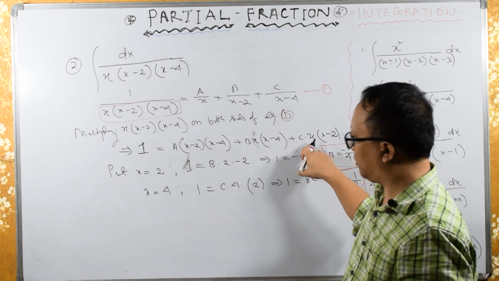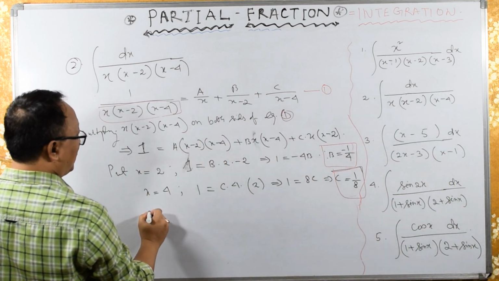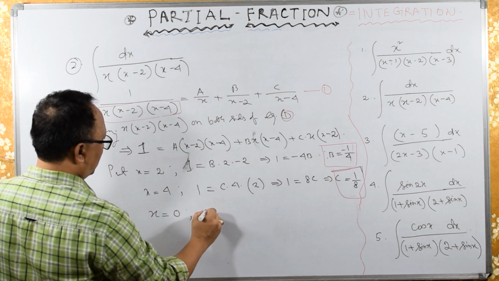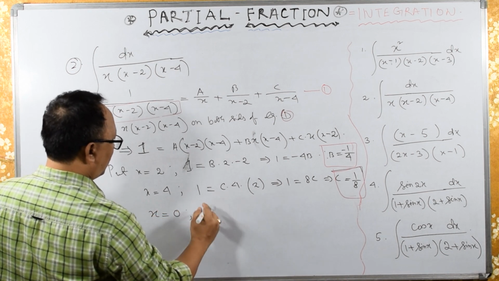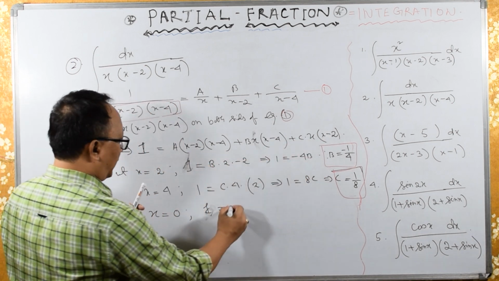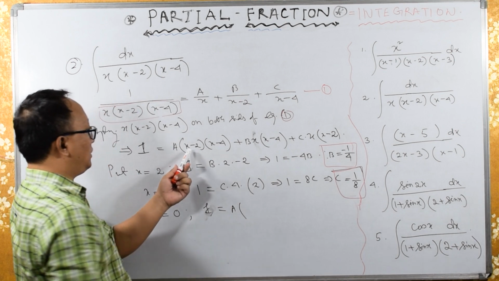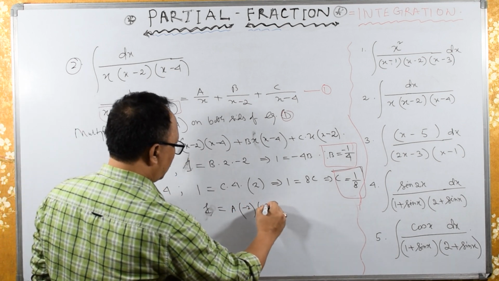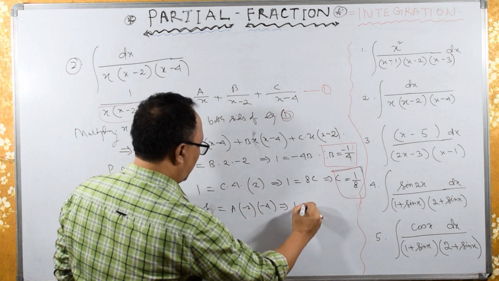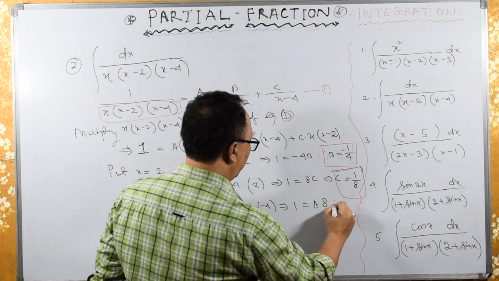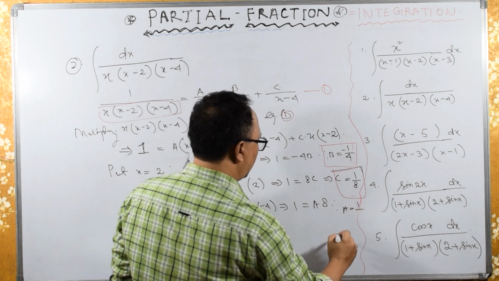So if I substitute x equals 0, 1 on the left hand side, this term will get 0. Here a into 0 minus 2 is minus 2, 0 minus 4 is minus 4. Here 1 equals 8a, therefore a equals 1 by 8.